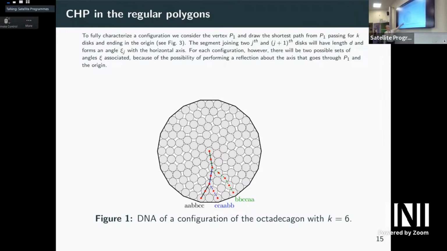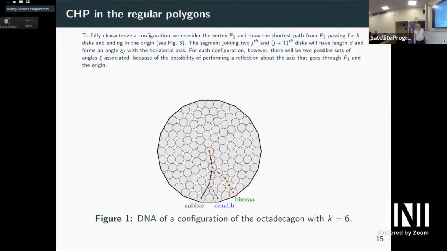Once you have set the border, you work with this, I think, octadecagon. You can set your border coins in a unique way that's common to every configuration. And then you start from this point. It's a convention. We start from this very point, and we trace a line segment that joins this point to the very center.